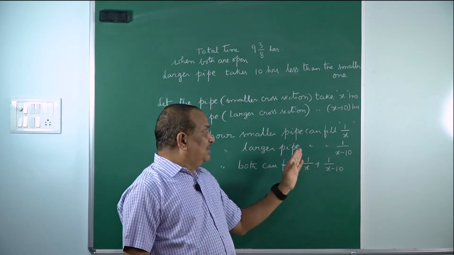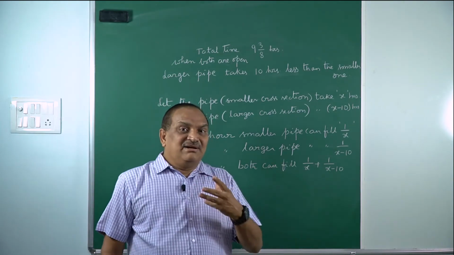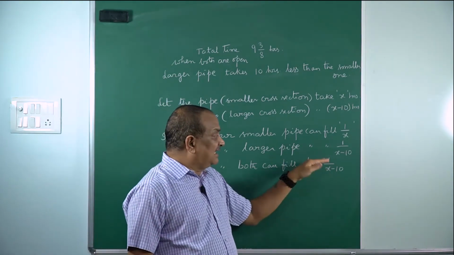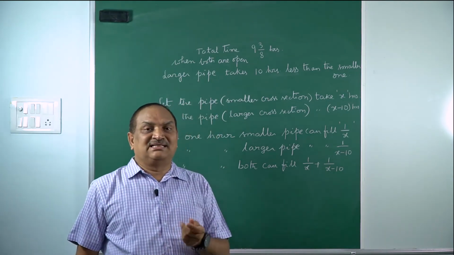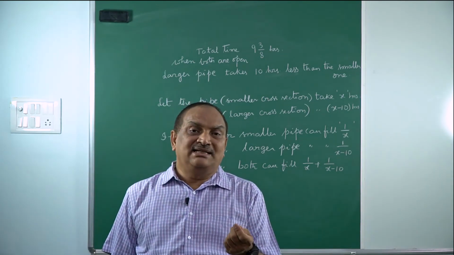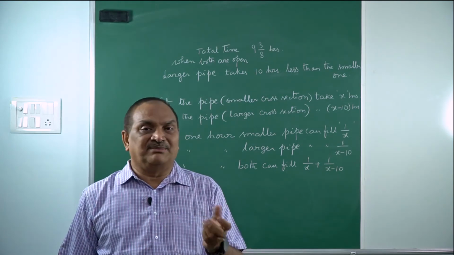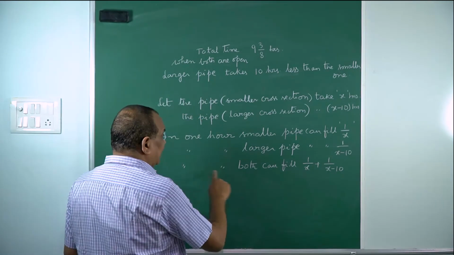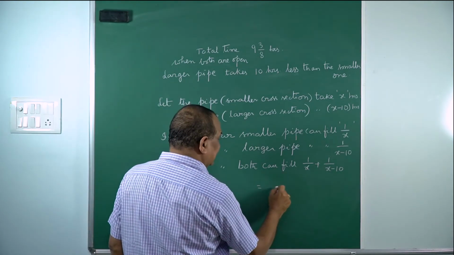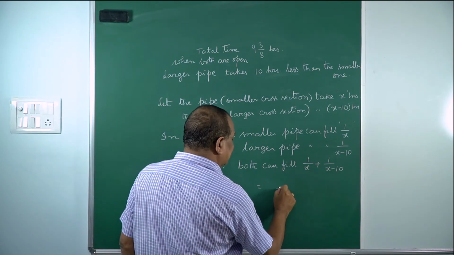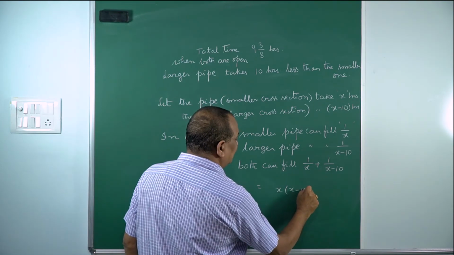This is what they can fill if both of them are working. But how much time it takes is, you should take the reciprocal of this one, because earlier I said 2 days and 1 by 2 in each day, something like that. So in 1 hour they can fill this part. I take X times X minus 10 as the LCM.